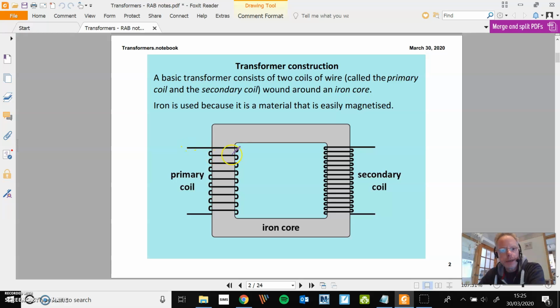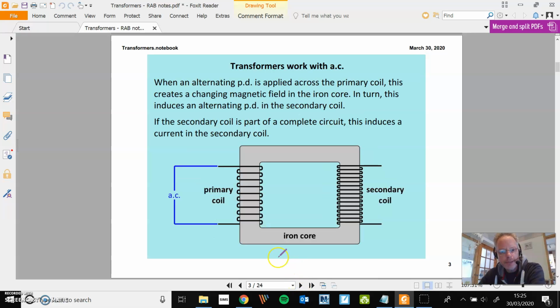So on this side we've got the primary coil, and on this side we've got the secondary coil. Okay, when the transformer is being used, we're going to connect an alternating current up to the primary coil, and that's like the input to the transformer, and over here we're going to get an output. Okay, now we need to explain what's going on there and why.